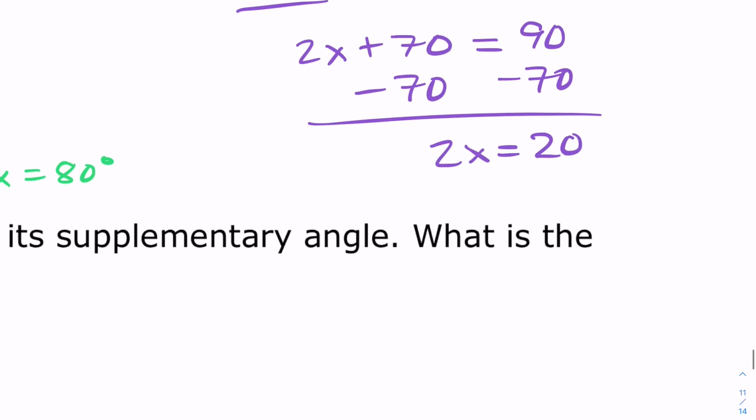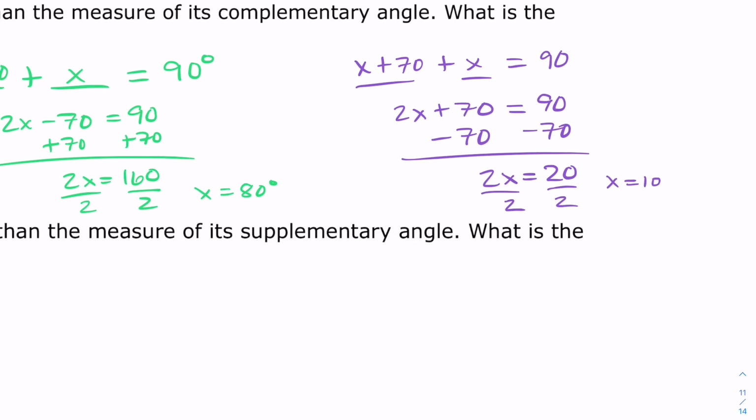And now, divided by 2, x equals 10. And so that is now the new x. So x is 10, and 10 plus 70 is 80. So I would have gotten the same answers no matter how I did it.